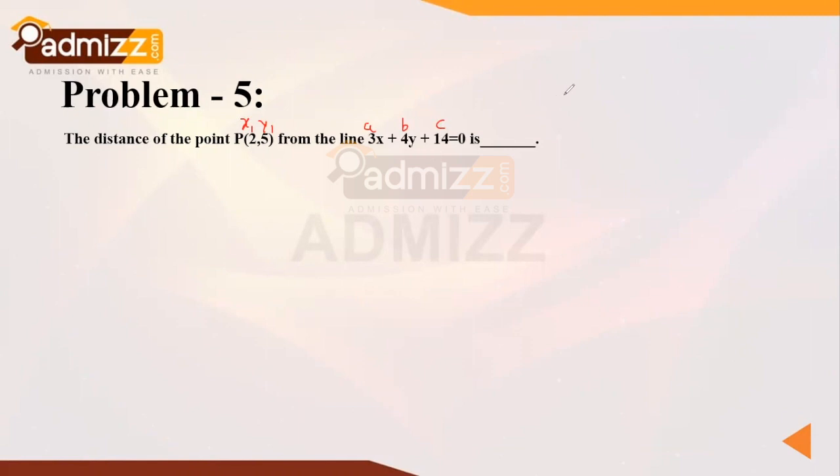Now the perpendicular distance from the point to the line is given by P equals modulus of (a x1 plus b y1 plus c) upon under root of a square plus b square. Now if you simply substitute all the values, you may come across the final answer. So let's substitute these values and obtain our answer.